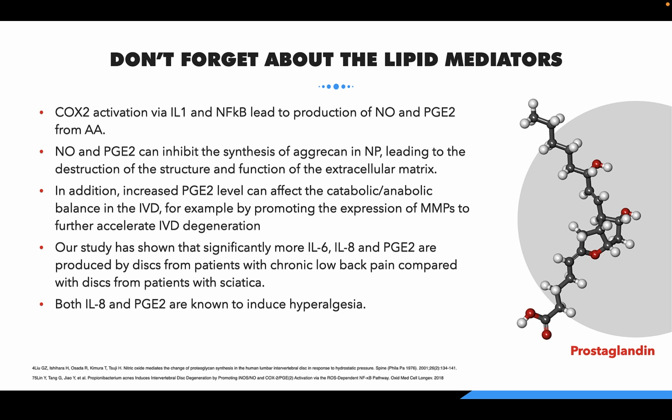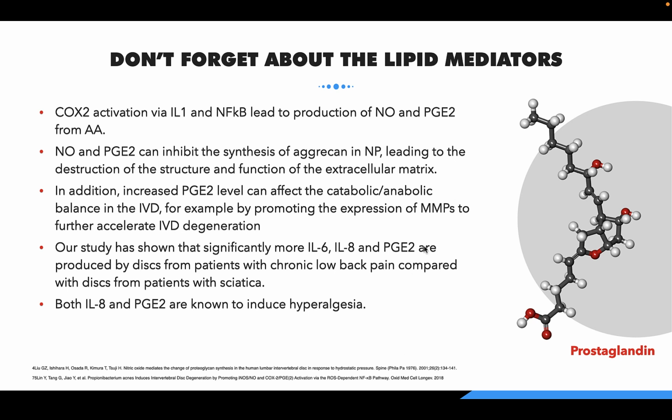They work together to inhibit the synthesis of aggrecan in the nucleus, leading to the destruction of the structure and function of the extracellular matrix. In addition, increased PGE2 levels can affect the catabolic-anabolic balance in the disc, for example, by promoting the expression of matrix metalloproteinases to further accelerate disc degeneration.